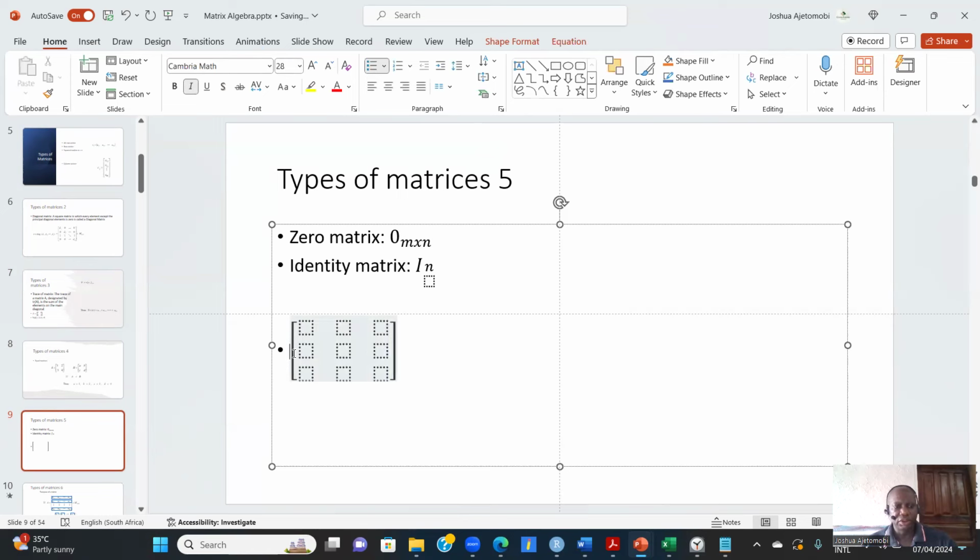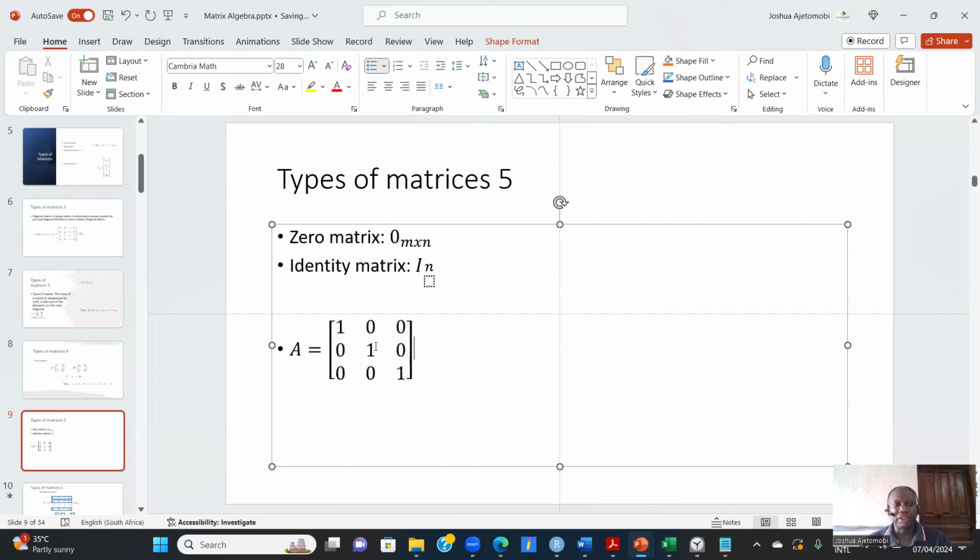So let's see, A equals, so what we are saying, this will be 1, this will be 0, this will be 0, this will be 0, for sure this will be 1, this will be 0, then this will be 0, this will be 0, this will be 1.